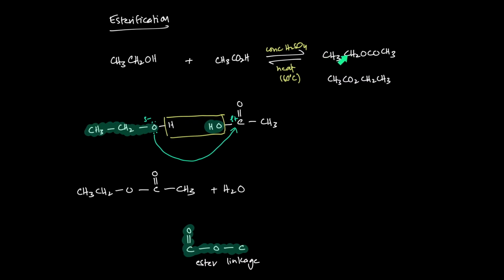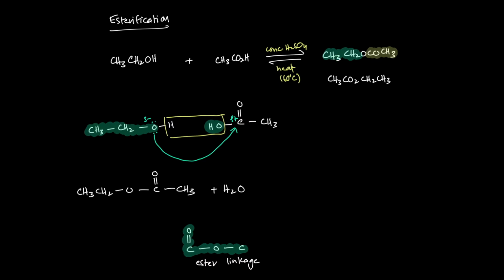It's just that यहाँ पर मैंने क्या लिखा हुआ है? I've written the alcohol part first, right? And the acid part second. Can everyone see that? I've written the alcohol part first, CH3, CH2, O, जो alcohol से आया था, and then I've written the acid वाला part. So then what does the ester linkage show up as?